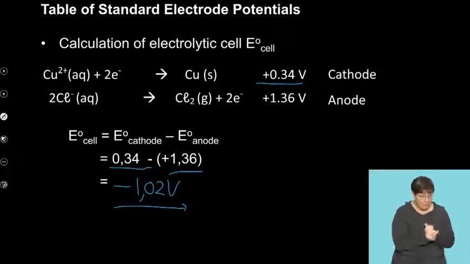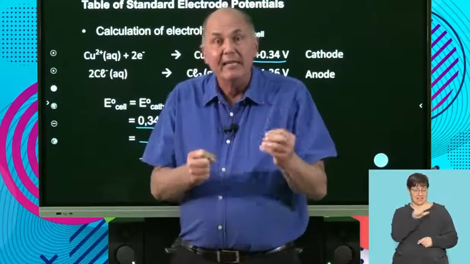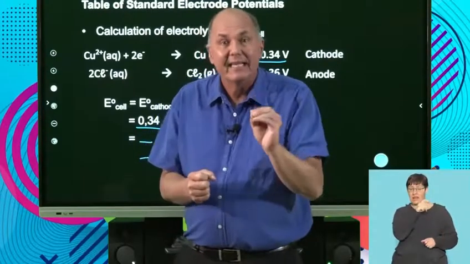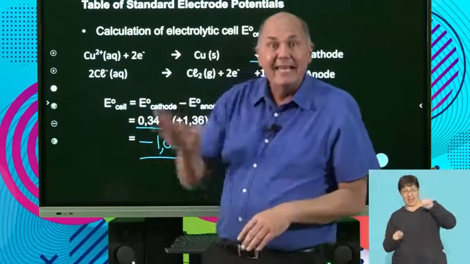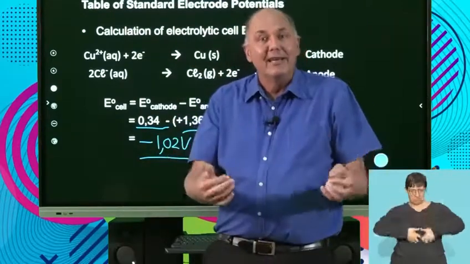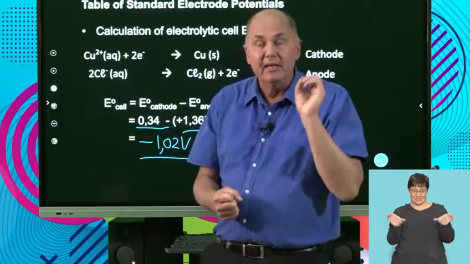Without that, the reaction won't happen. That's why this is called an electrolytic cell. It's not spontaneous, and the E naught of the cell is a negative value. And that line linking the reactants has a negative gradient. So it all works together, helps you remember the difference between electrolytic and galvanic cells.